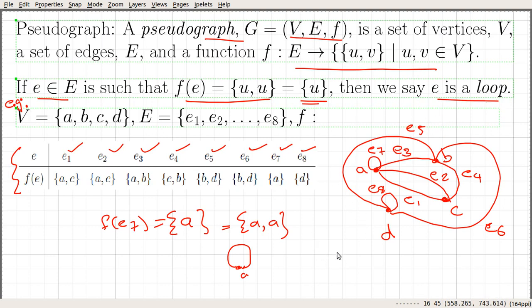So in this example we can see that f of E7 is the set {A}, and that corresponds to a loop, this loop. That says E7 corresponds to a loop, and because of that reason we can also see that E8 is also a loop. Okay, so this is how we formally define a pseudograph.